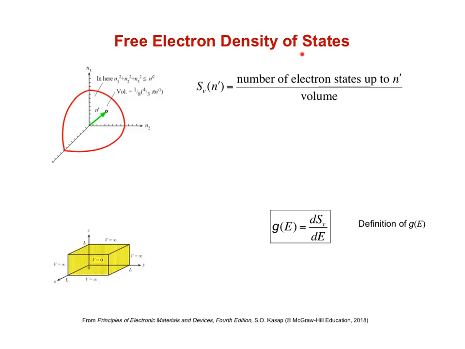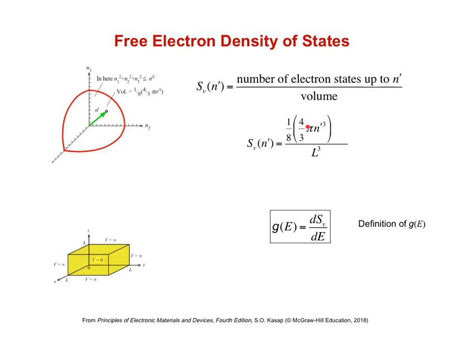Now, to find the density of states for a free electron, g of E, we will take the energy derivative of the number of states per unit volume. From the last slide, we've derived the number of electronic states up to a particular energy quantum number.